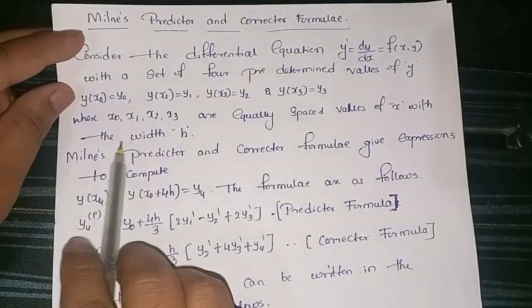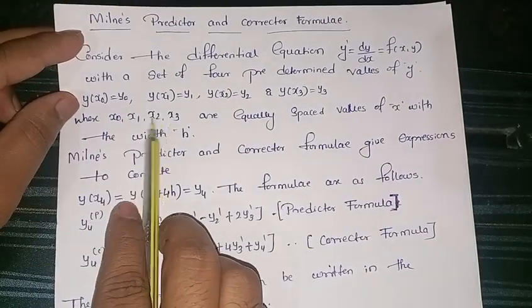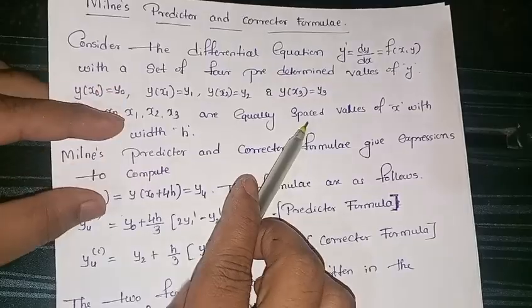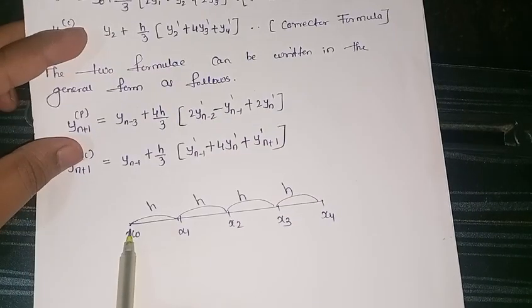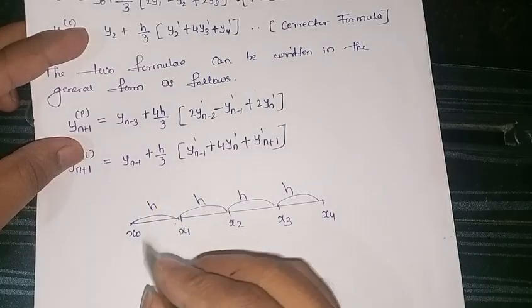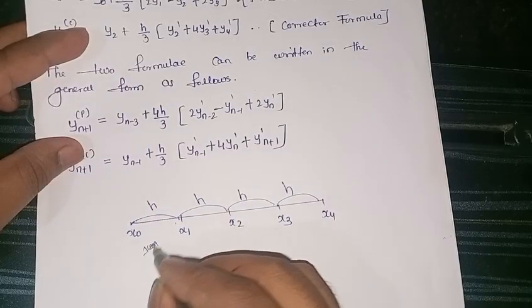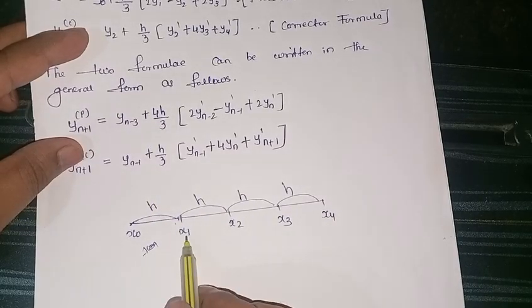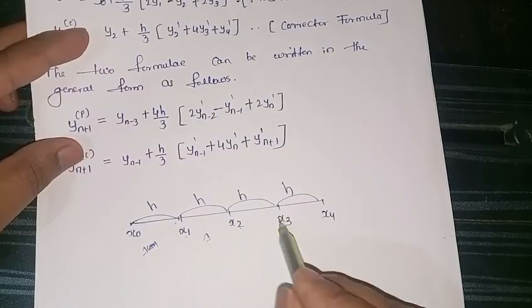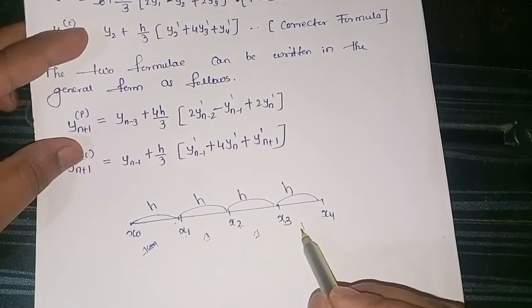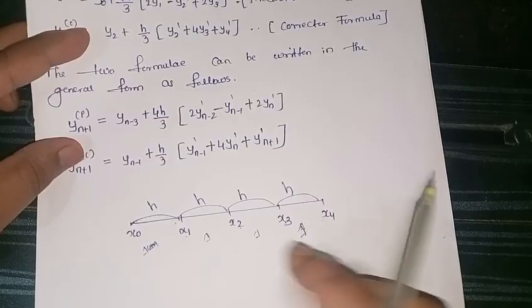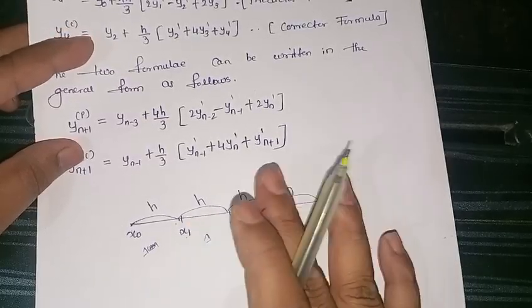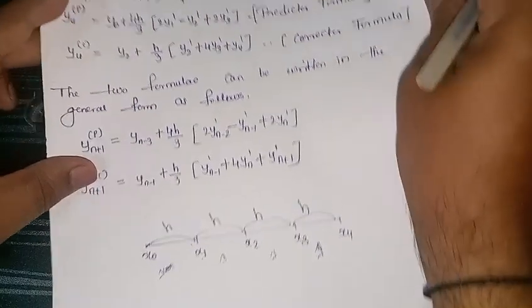Therefore, remember x0, x1, x2, x3 are equally spaced. Equally spaced means if the length between x0 and x1 is, let me take, 1 unit, then between x1 and x2 it should also be 1 unit, x2 and x3 also 1 unit, x3 and x4 also 1 unit. Then we can say that it is equally spaced intervals. Otherwise, it is unequal length of intervals.